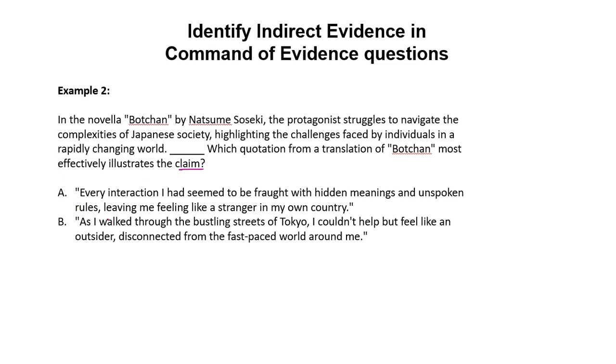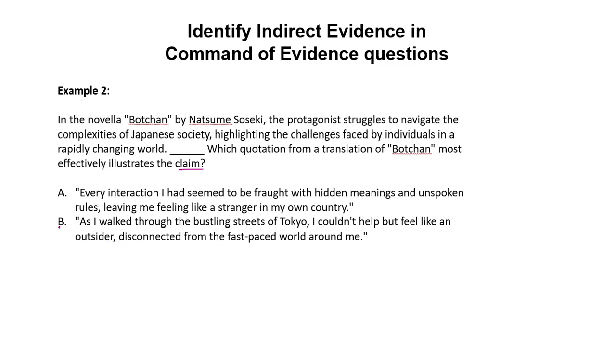Now look at the answer choices. The first: every interaction I had seemed to be fraught with hidden meanings and unspoken rules, leaving me feeling like a stranger in my own country. The second is: as I walked through the bustling streets of Tokyo, I couldn't help but feel like an outsider, disconnected from the fast paced world around me.